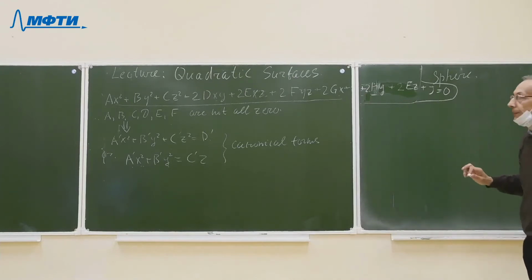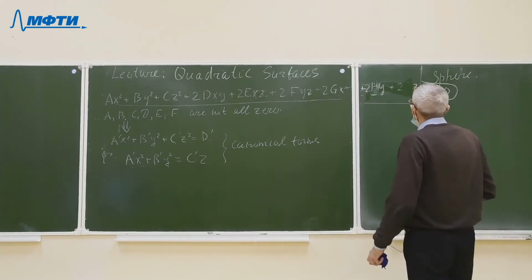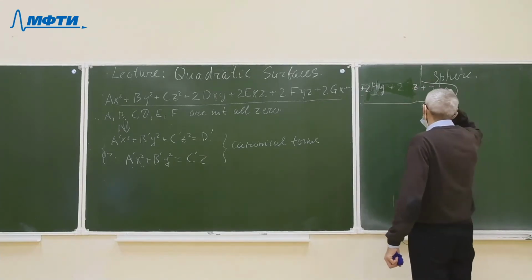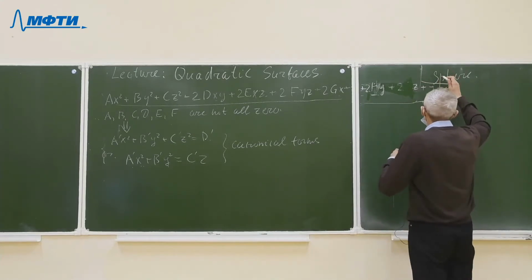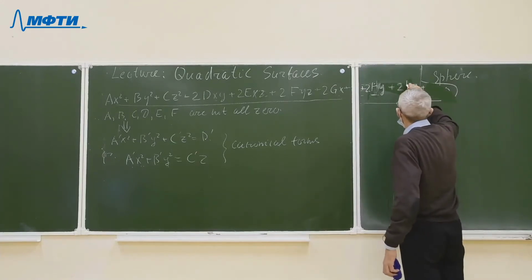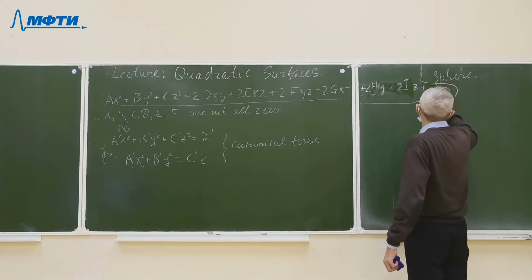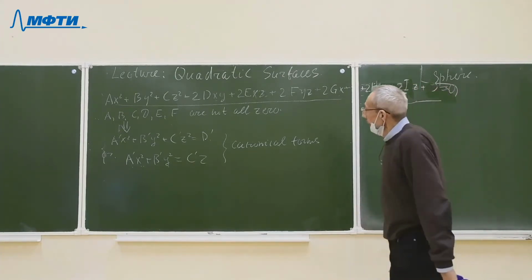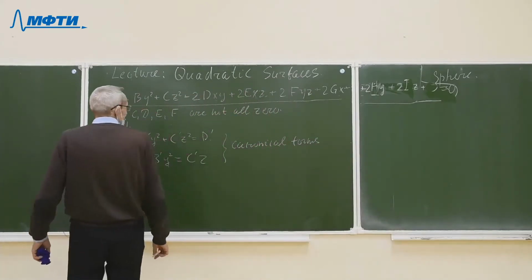Mistake, yes. G, H, I, yes. And plus J, yes. Plus J is equal. Yes. And we have many letters.